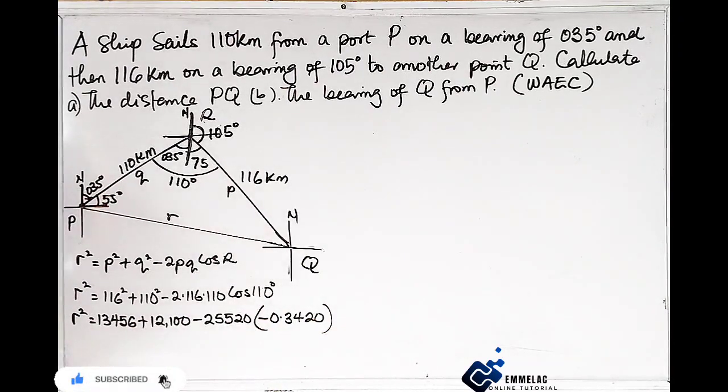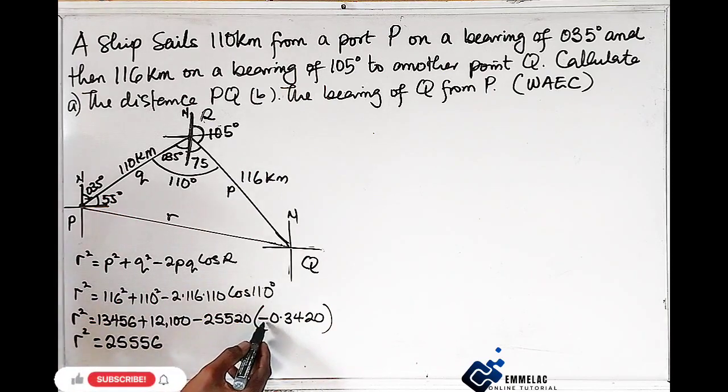Adding up, 13,456 plus 12,100 will give us 25,556.